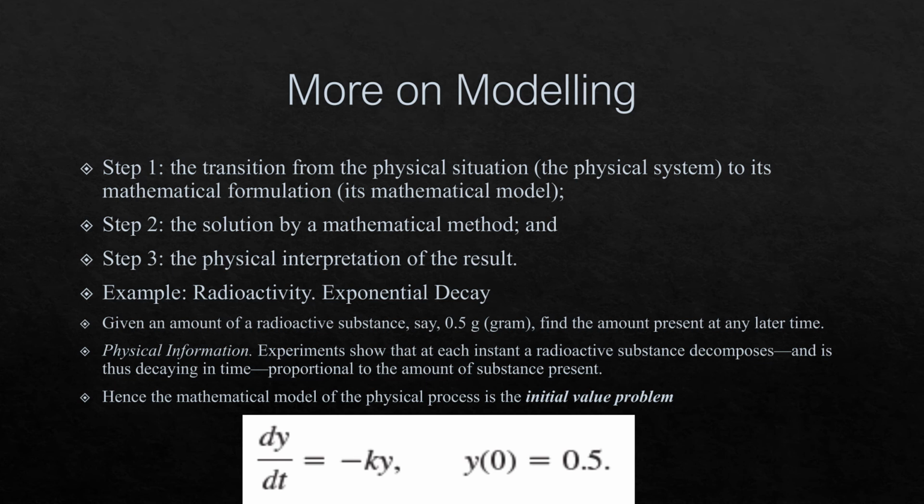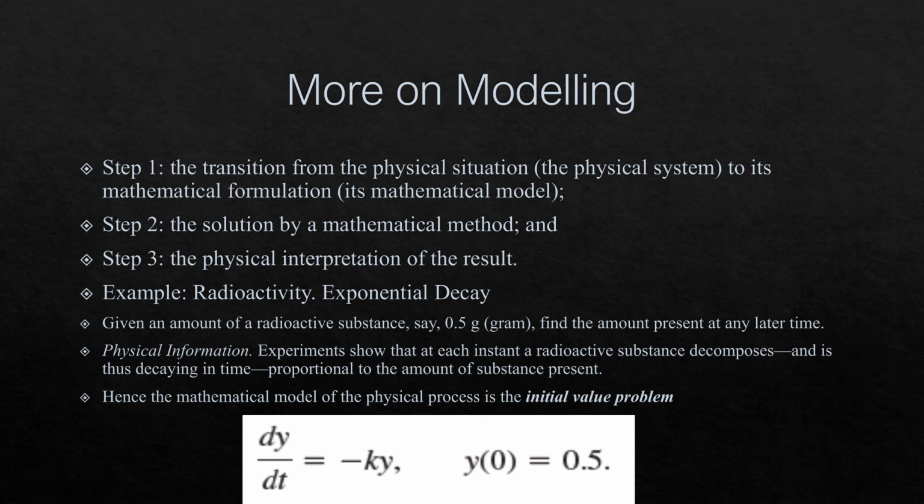For example, if you have more substance present, then there is more decay after some time. So decay depends upon how much substance is available. Hence the mathematical model of this physical process as an initial value problem can be written as: the rate of change of substance is proportional to the substance available.